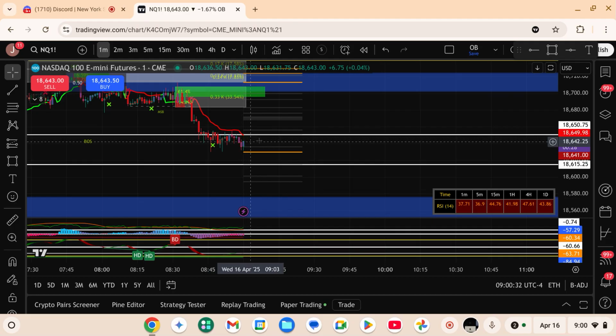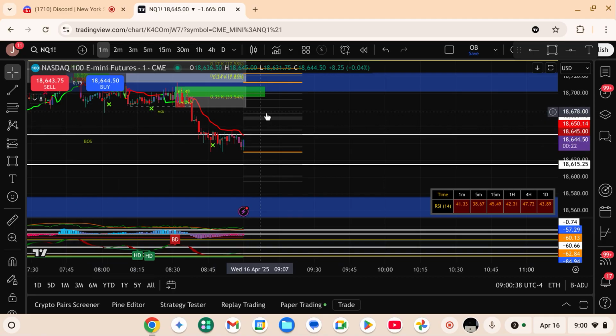If it could come back into here and start to reject, we could possibly do a sell from here to here.